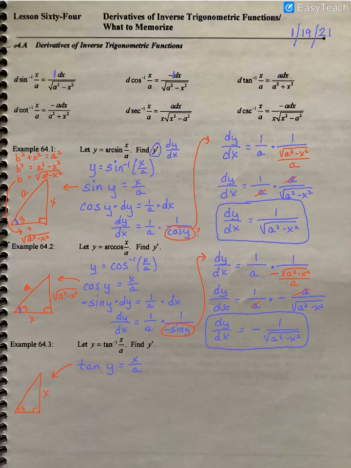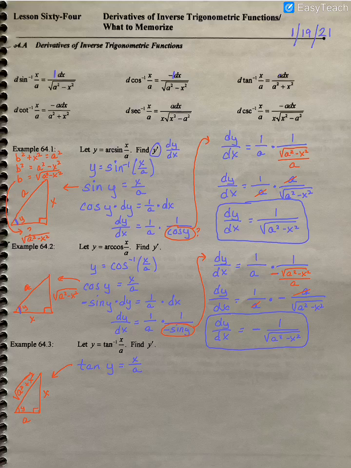So x over a. So if you use your Pythagorean theorem, that hypotenuse squared equals a squared plus x squared. So that hypotenuse is equal to the square root of a squared plus x squared. Okay, hold on to that thought. We'll use it later, of course.